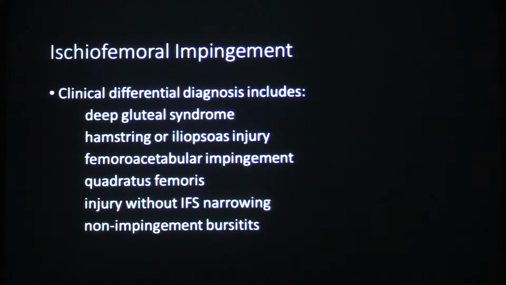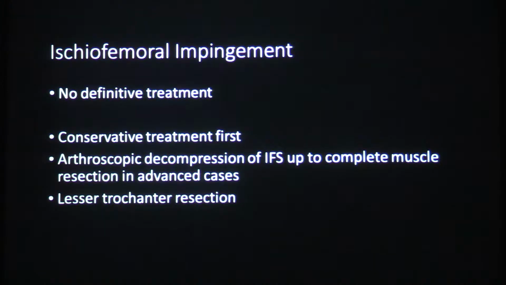There's a very wide clinical differential diagnosis, which was already discussed today, so I won't go over it again. And as far as treatment goes, there's no definitive treatment. The treatment begins conservatively with physical therapy.